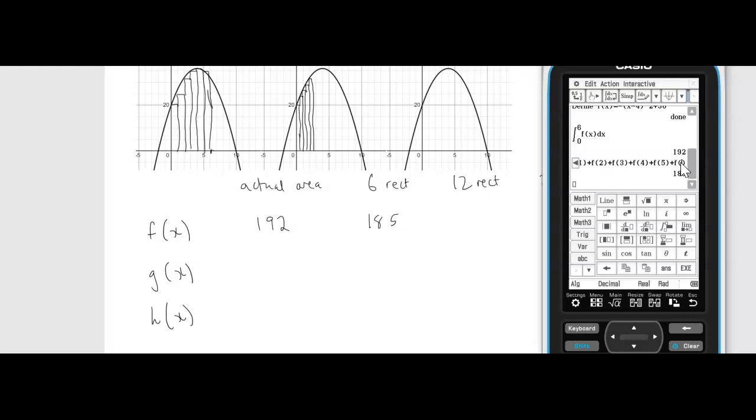So we're going to do f of a half plus f of 1.5 plus f of 2.5, f of 3.5, f of 4.5, and then f of 5.5. I feel like I probably made a mistake with all that. Let's just see how we go. 188.75.